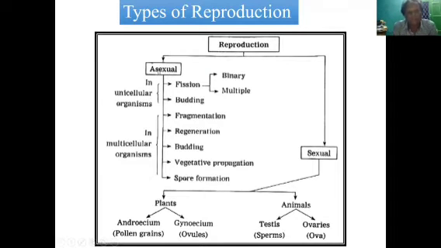During asexual reproduction, organisms may undergo any of the different modes of asexual reproduction. What are they? Fission. There are two different types. One is binary fission, commonly observed in unicellular organisms such as amoeba.